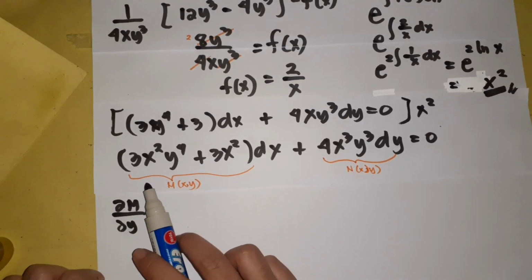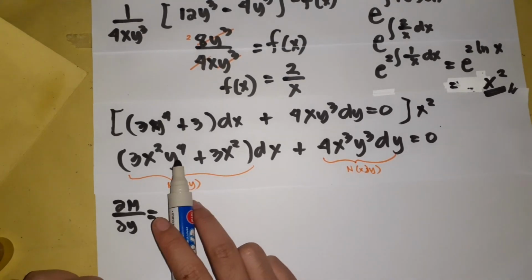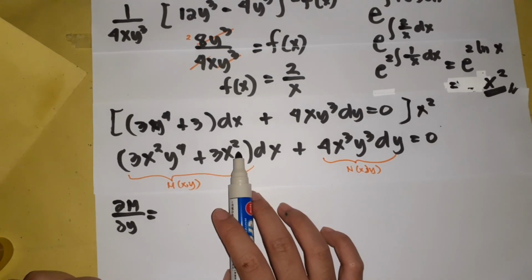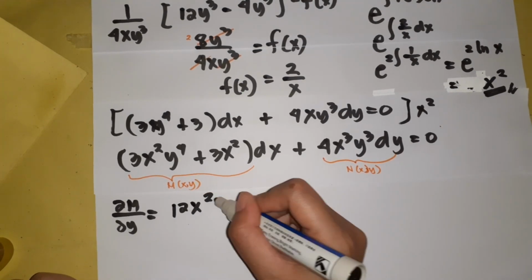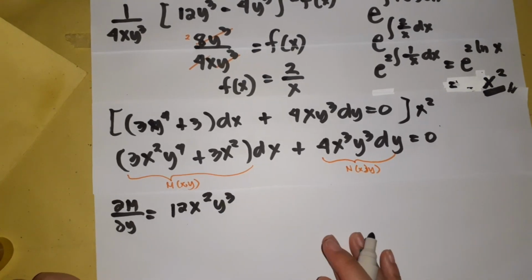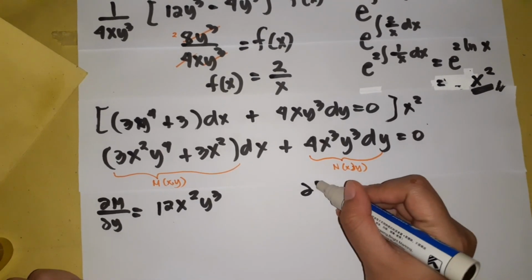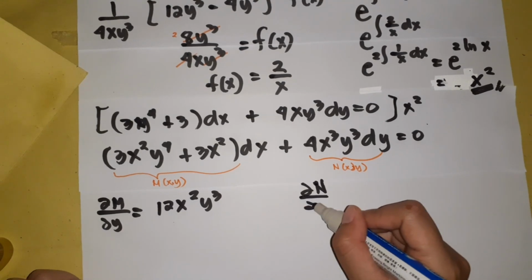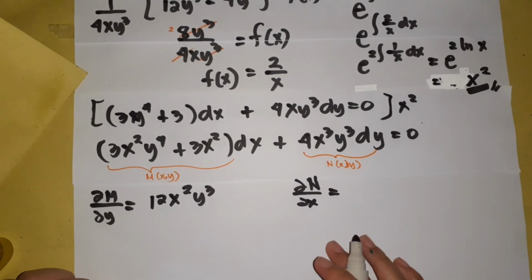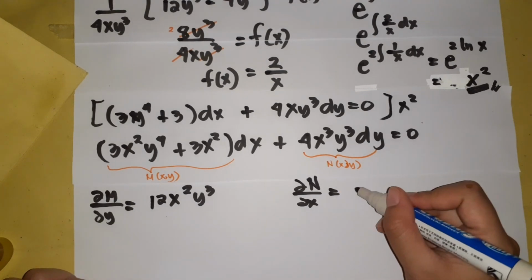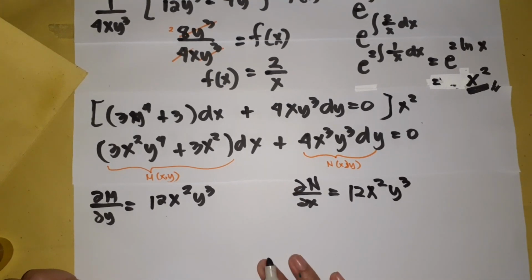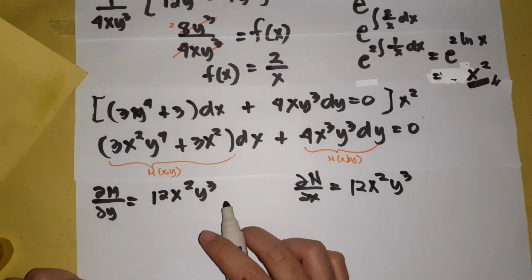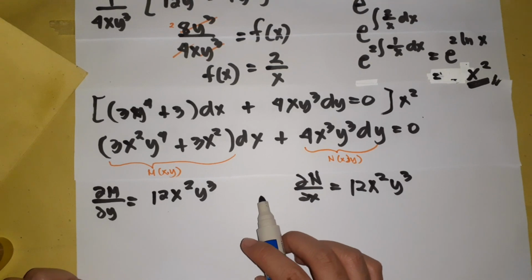The partial derivative of 3x^2 y^4 + 3x^2 is 12x^2 y^3. And the partial derivative of our function N in terms of x is 12x^2 y^3. So therefore it is already an exact equation.